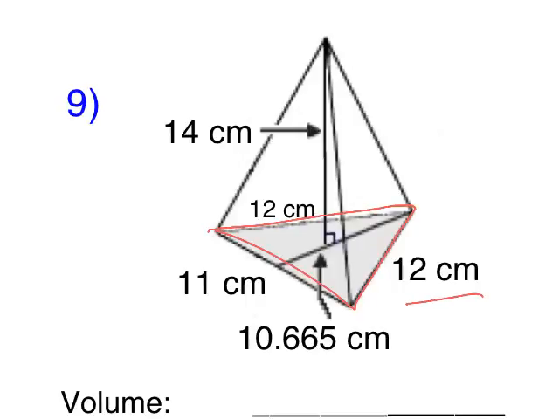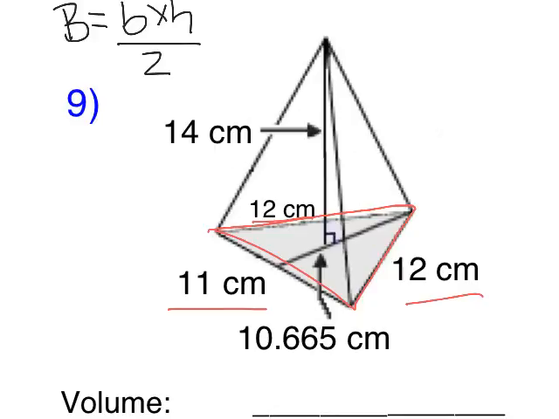So we have the dimensions of each side, and then we have the dimension of that base. Remember, in order to find the area of a triangle, so our big B, our area of a triangle, is going to be base times height divided by 2. So that's for big B.